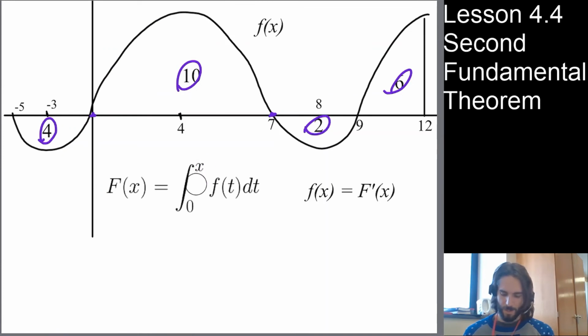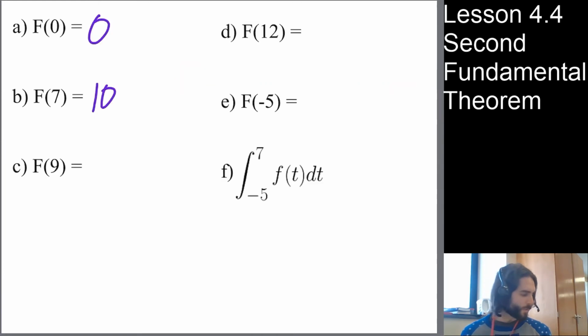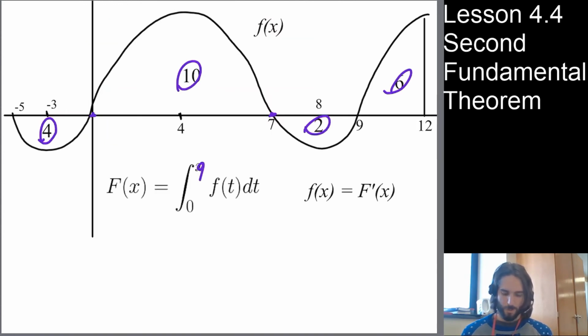All right, the next question was from 0 to 9. So we have 10 and then 2, but the 2 is underneath, so that's going to be negative 2. So that's going to be 8. All right, so far so good. What about to 12? So if we go from 0 to 12, 10 minus 2 is 8, plus 6 is 14.